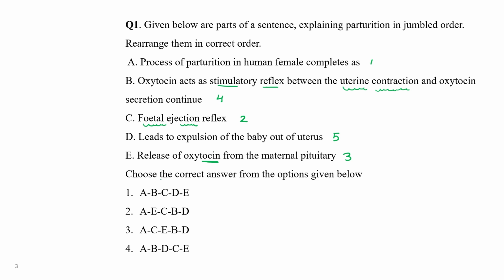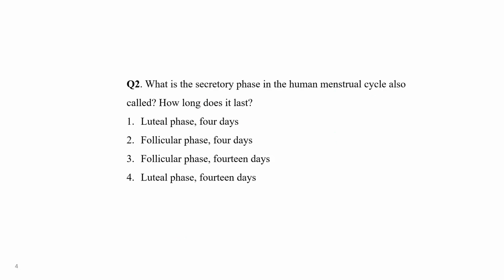So A, then followed by C. Out of these 4 options, after A there is only one option, that is the third option. A followed by C, then E, then B, and then D. Clear?